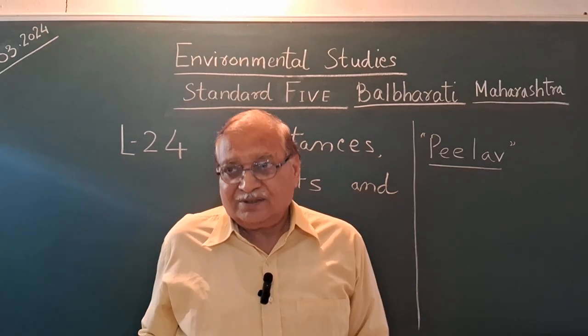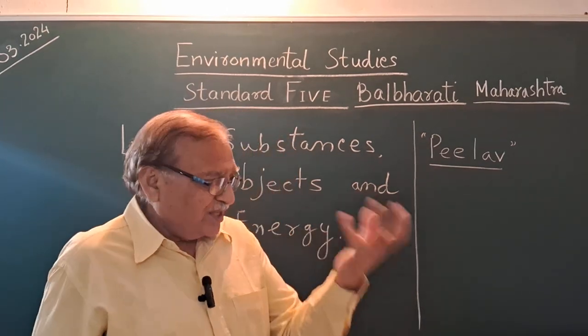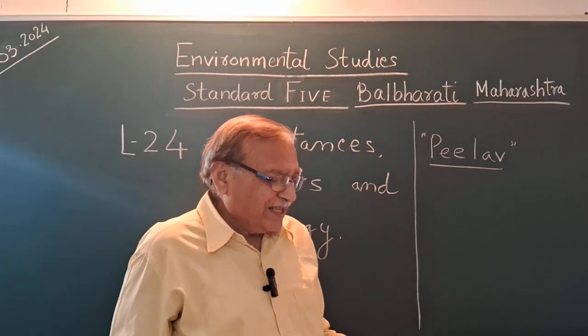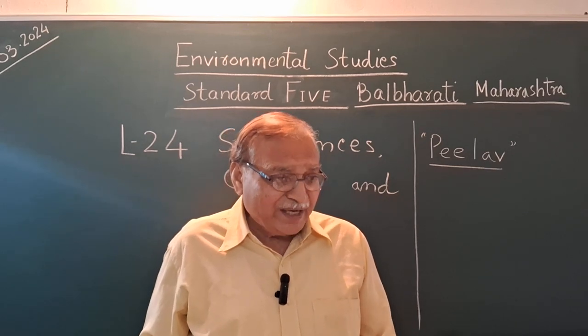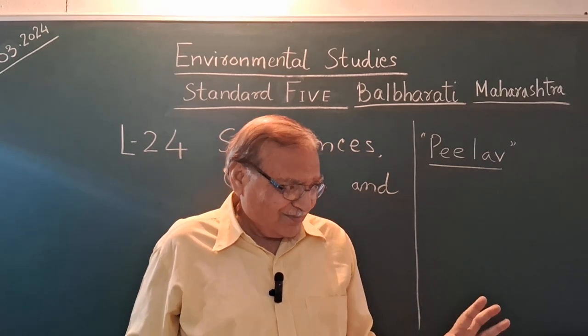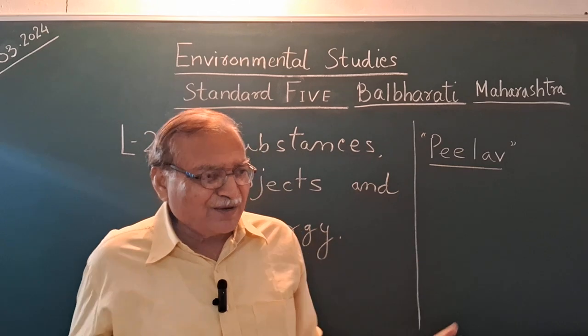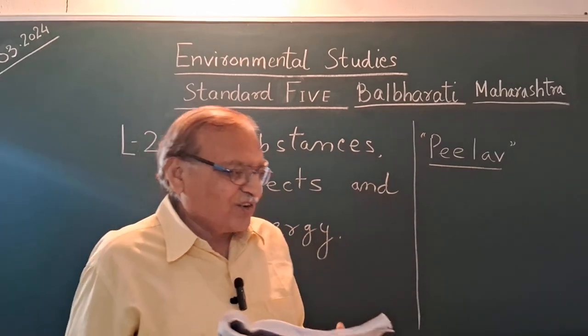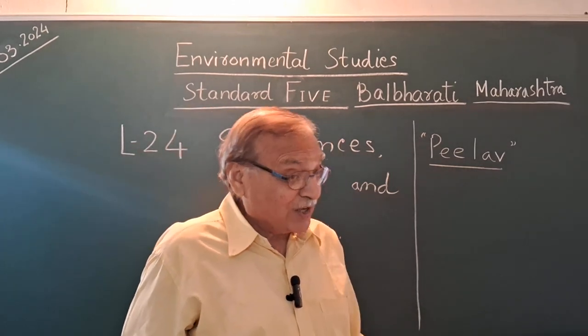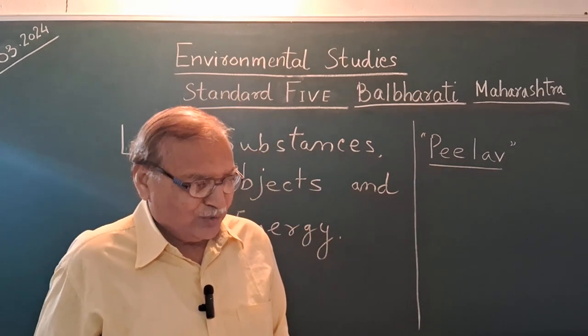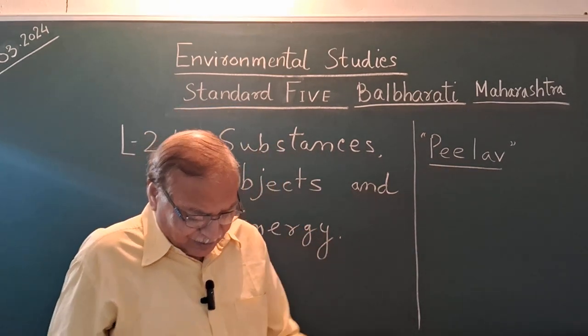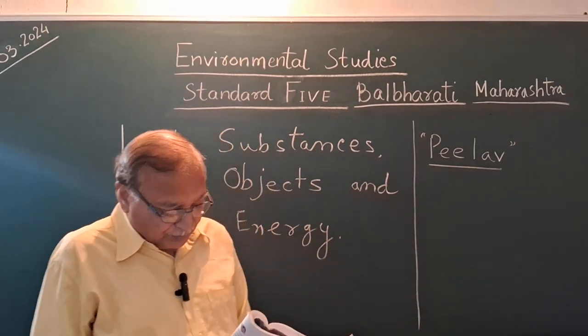Now we are sitting here and breathing air. It is made up of mainly nitrogen. A very huge quantity of nitrogen is there. Then there is oxygen and other gases also. Oxygen is the most important one, which is needed by us for survival.